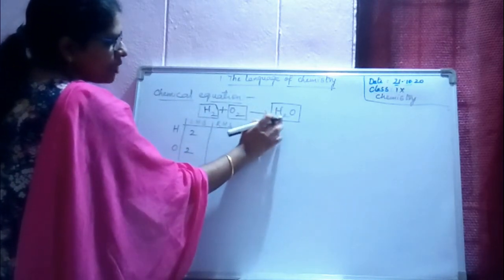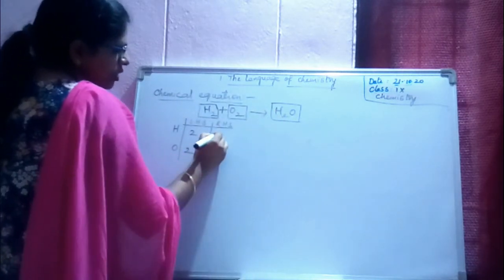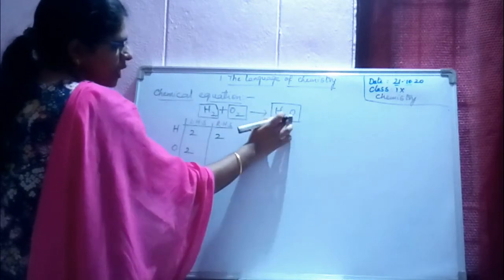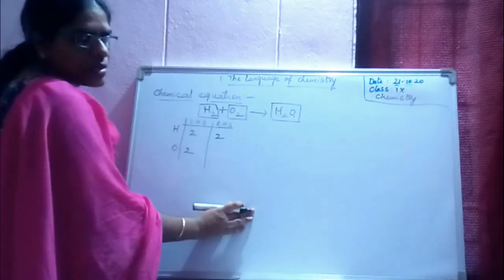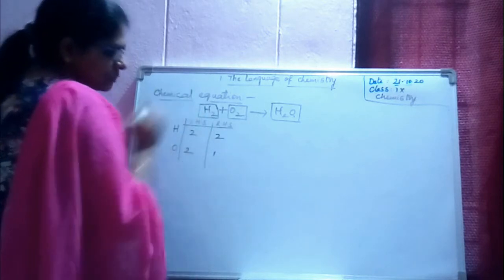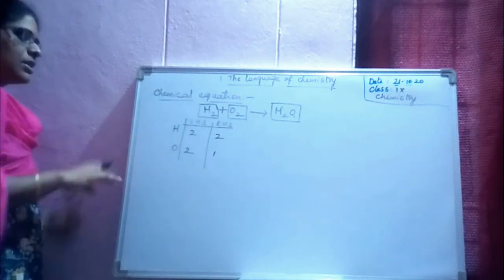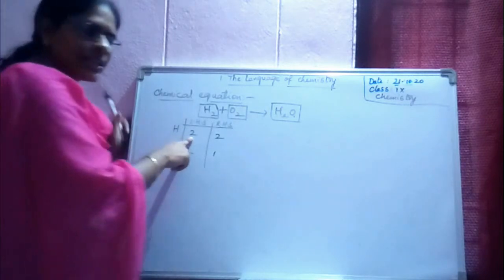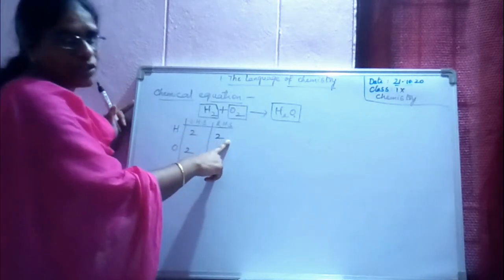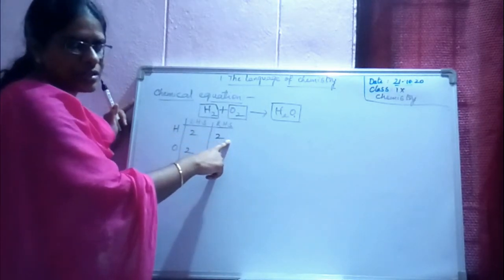How many hydrogens? 2. How many oxygens? Here nothing is there, so it is 1. Okay? See, the number of hydrogens on LHS is equal to the number of hydrogens on RHS.